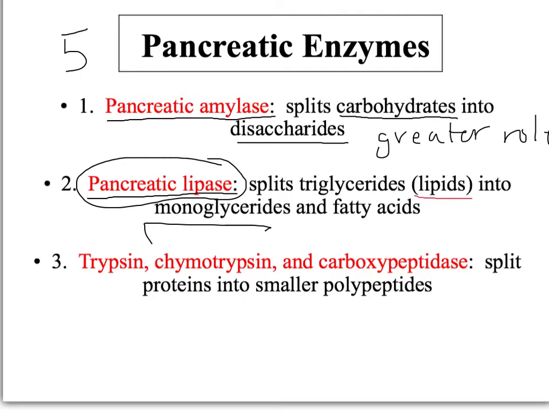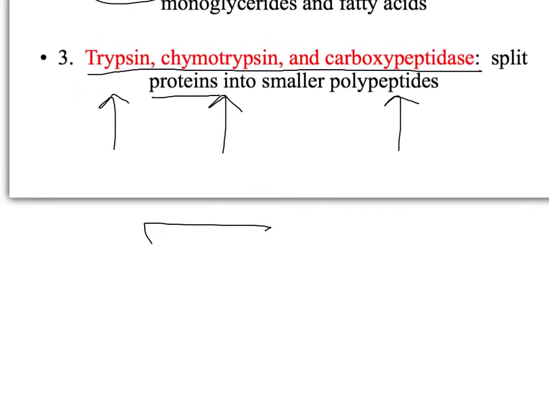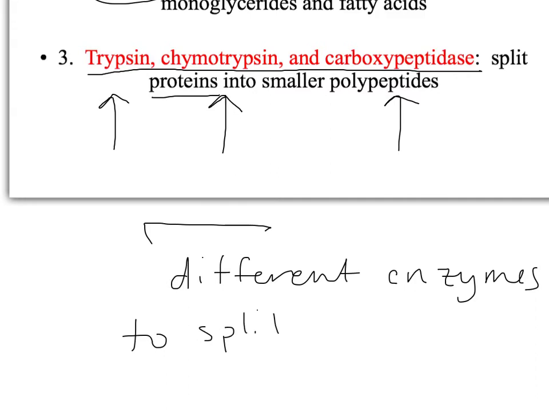And then the third set of pancreatic enzymes are a group of 3 that act together, specifically to digest proteins. And the way that you say the names of these, it's trypsin, chymotrypsin, and carboxypeptidase. And these 3 enzymes, the reason that you need multiple ones to split proteins is that different enzymes are needed to split different proteins.